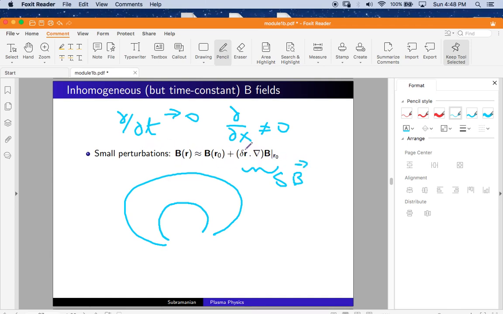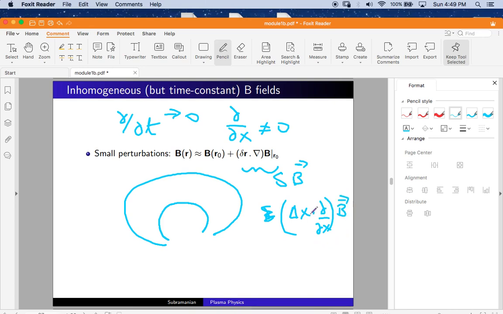Why is this delta B? You see delta R dot grad. So this would be delta R dot grad B. So you can think of this as a sort of a delta X dot d over dx of, say, B, like that.